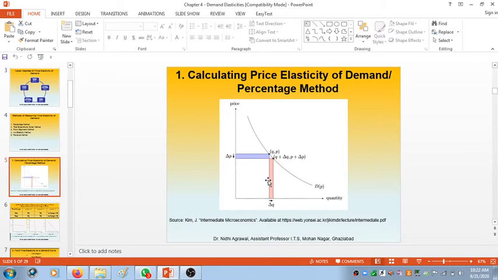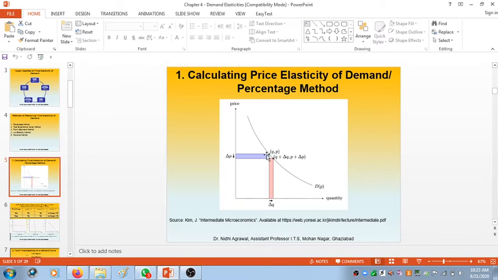Similarly, when we talk about this pink colored vertical portion, we can find the area again. The breadth is equal to the change in quantity, and the length is equal to the actual price. So when we multiply the change in quantity by price, we get the area of this particular vertical portion.